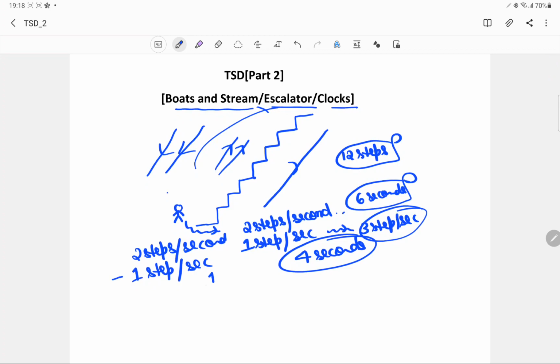Relatively, he is taking 1 step per second towards the top, so he'll take 12 seconds to reach the top.